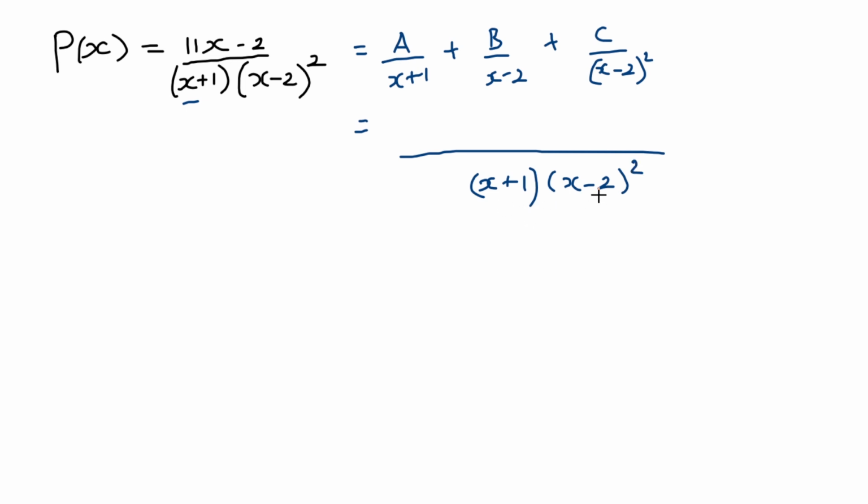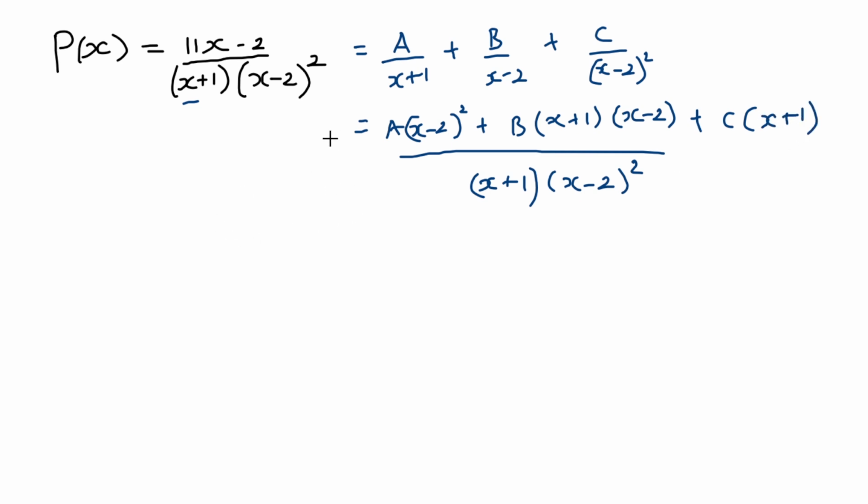If we divide by the denominator of the first term, we end up with x minus 2 squared times A, plus B into x plus 1 into x minus 2, and then the last term leaves us with plus C into x plus 1.